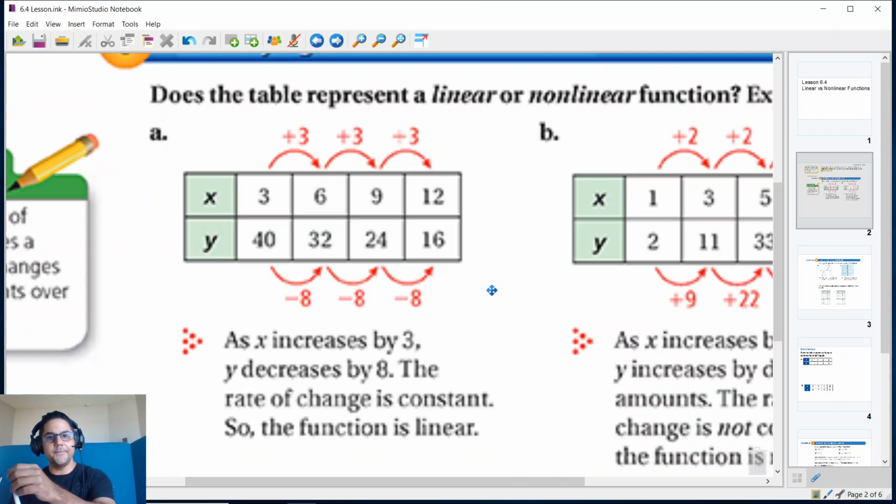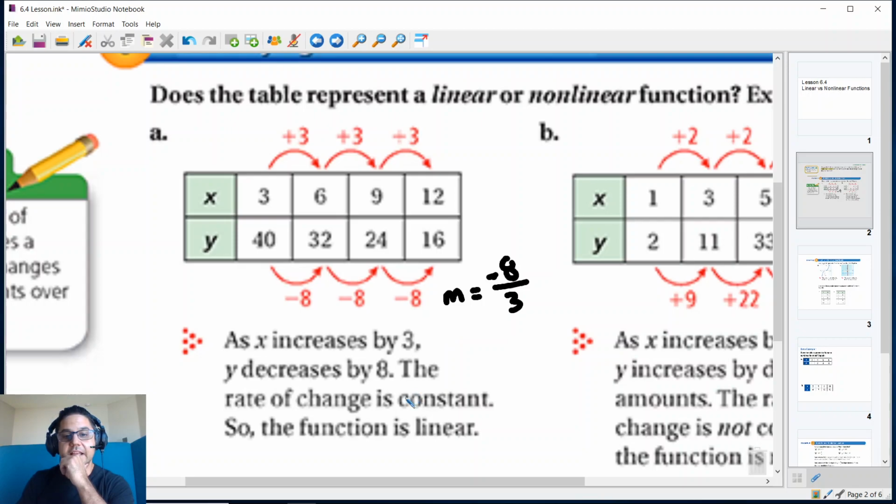Excellent observation there. Using the idea of slope again, that would give us a slope of rise, and again, y is rise because that's up and down. So the rise would be negative 8 over 3. Again, it's a constant rate of change. The function is linear, so we would say this is linear.